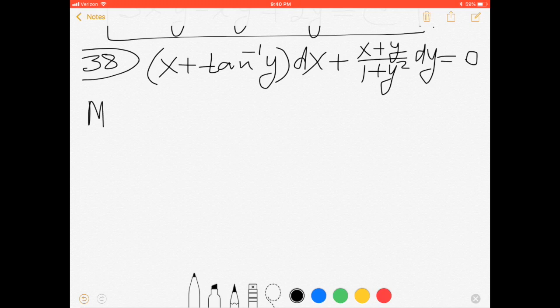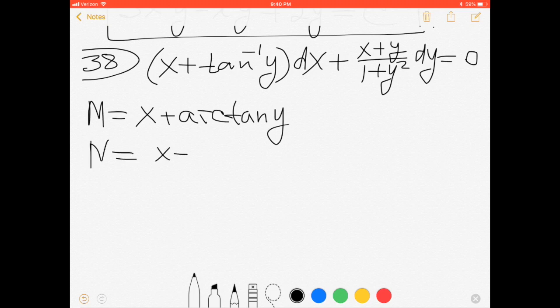This means the function M is x plus... I don't like this writing. I write it like this, we can see this is arctan y, because here we have the inverse function for tangent, and N will be x plus y over 1 plus y squared.